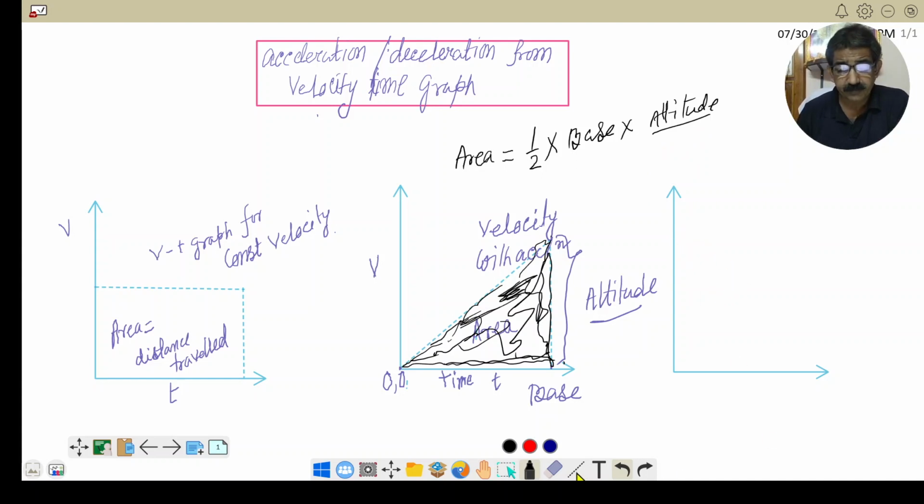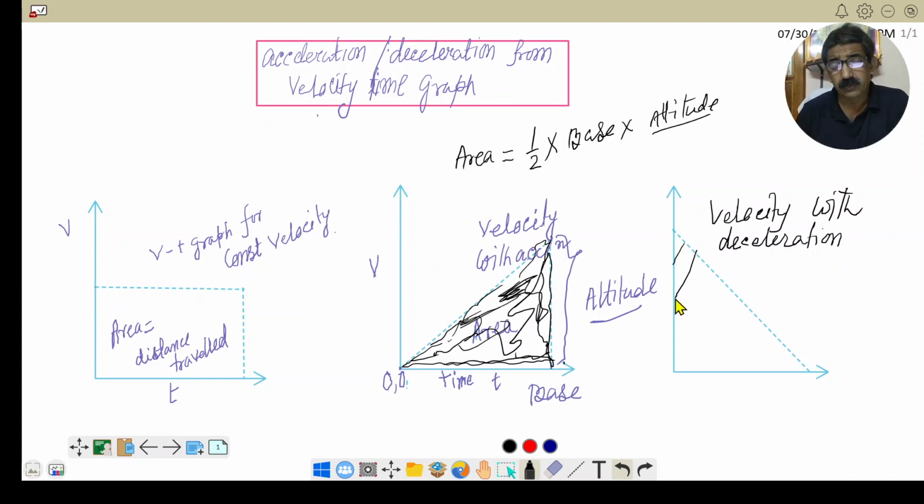Similarly, in case of deceleration, that means when velocity decreases, velocity with deceleration, in this case also, this is the area.